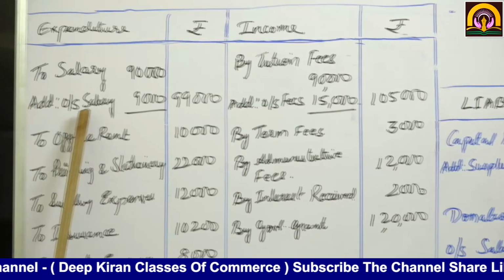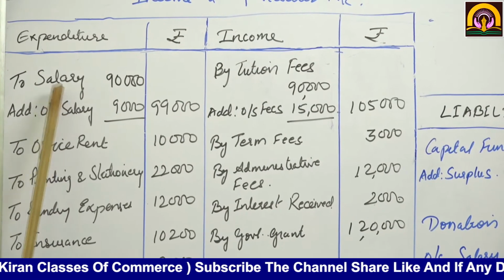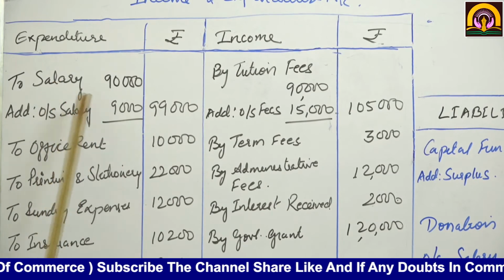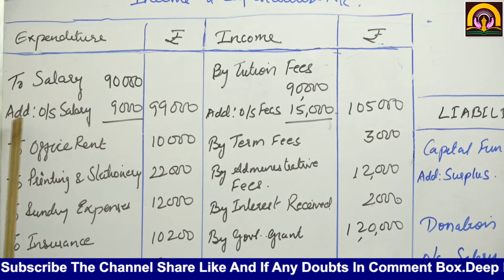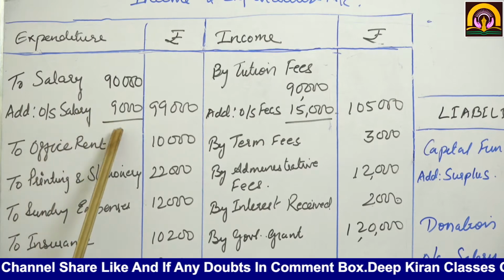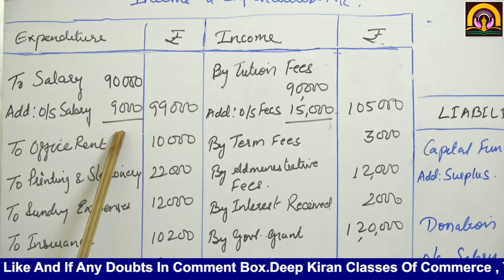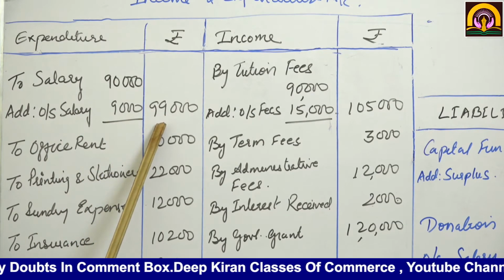Now see, first we will see the expenses. To salary, inner column 90,000. Why? Because outstanding salaries amounted to rupees 9,000, so total 99,000.